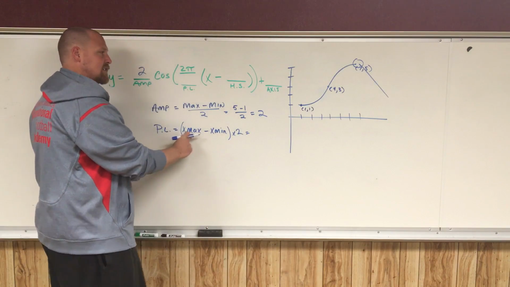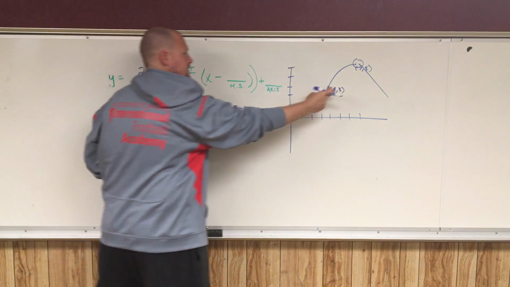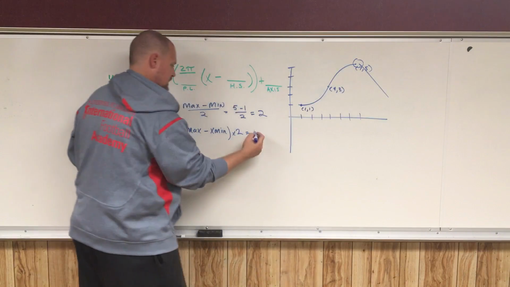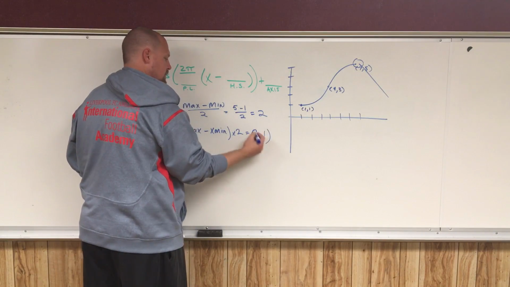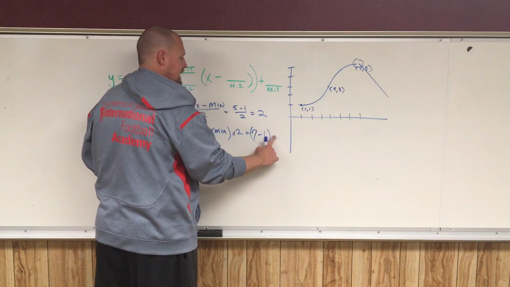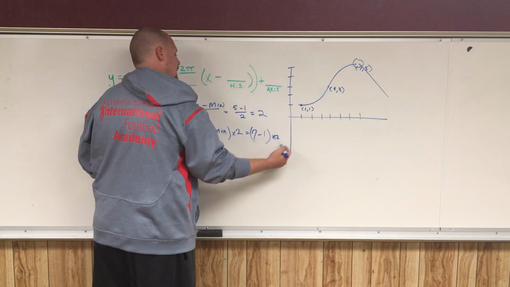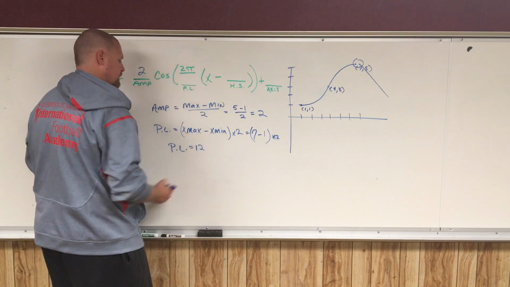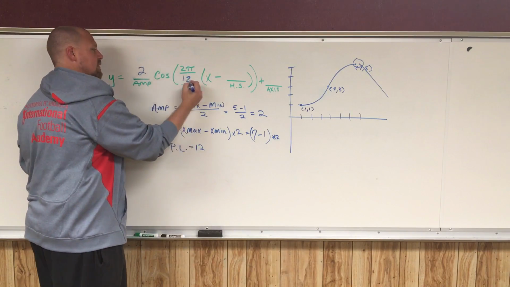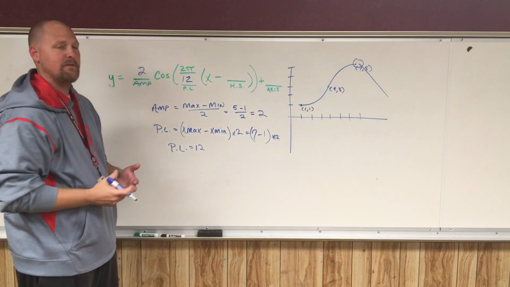Well, my x maximum here is 7. Excuse me. The x value is 7. Minus the x value of 1 is the minimum. And when I multiply that by 2, I'm going to get 12. This gives me here 2 pi over 12 into my function.